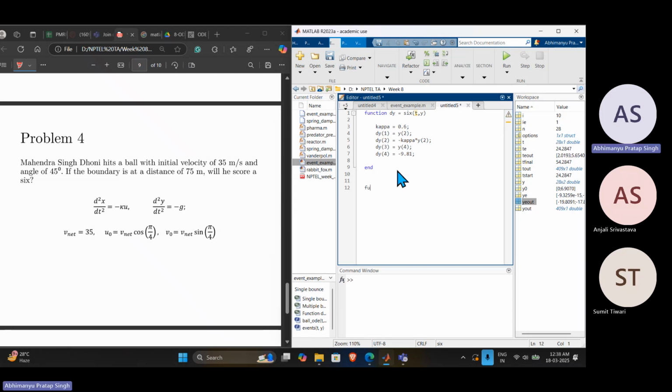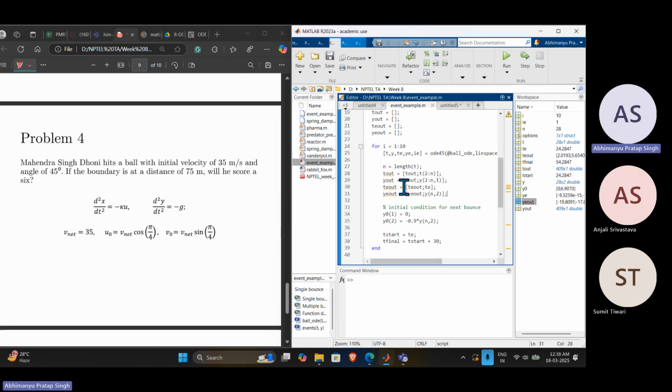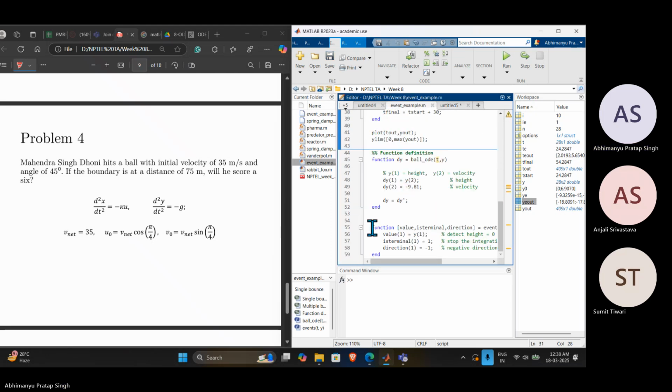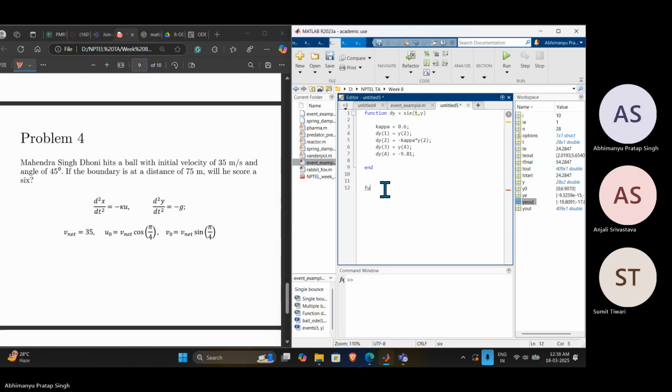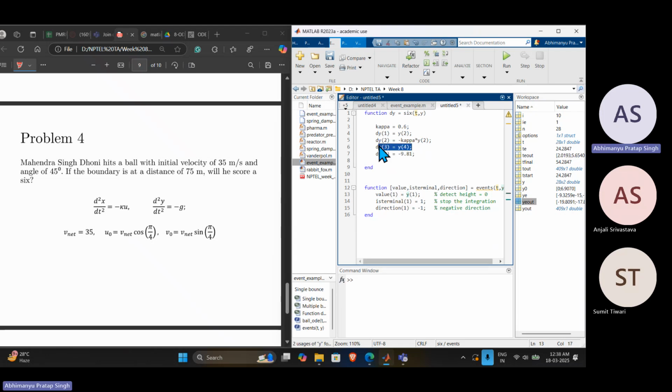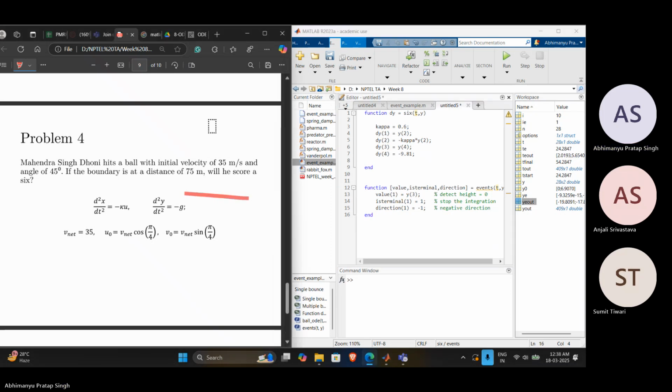Now I will create the event function. I will copy this. My condition is on this term, on y3. I just need to check when my y3 crosses 0. This is similar to the height example, so we are coming from top to bottom.